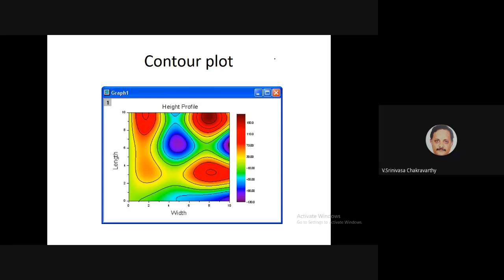Take the cases where f of x comma y is equal to some c. That will give you a level curve, and the curves that you get in the process are your contours. So here, in addition to the color plot, they also added contours, so that will give an idea of where the value of the function is constant.